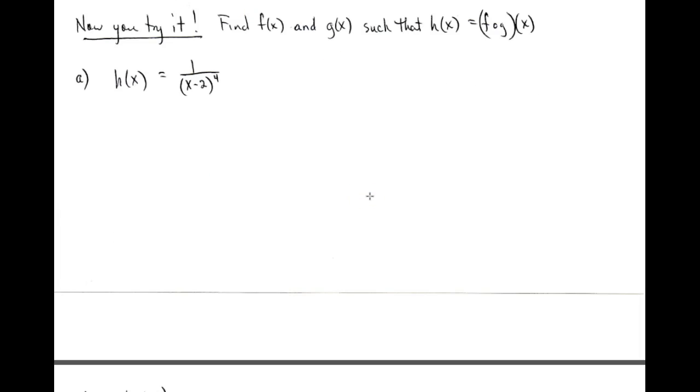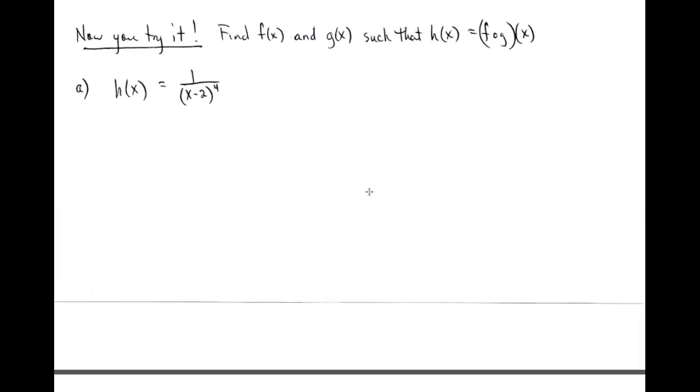So now we're going to try some of these on our own. The first thing that we see is that we have the function h of x, which is 1 over x minus 2, all that raised to the fourth. Here you see that you have the x minus 2 on the inside, and of course the outside just looks like 1 over blah raised to the fourth.